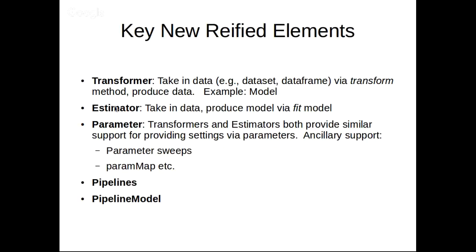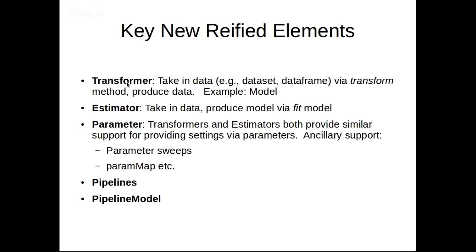But beyond those basics that have followed us throughout our other discussions, Spark, obtaining data and manipulating it in some basic ways, we have a set of elements that are introduced by Spark ML.